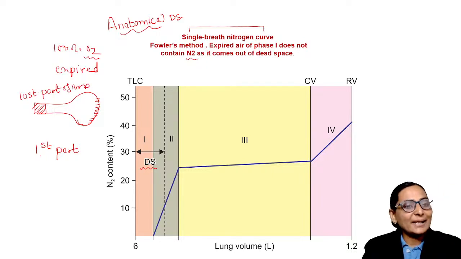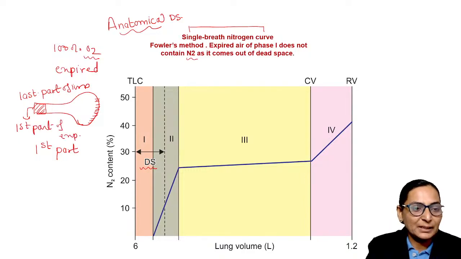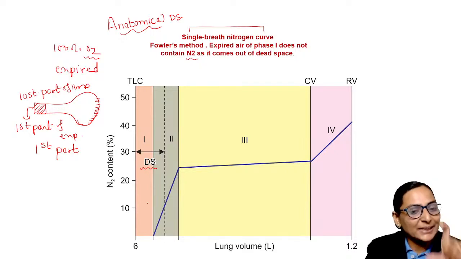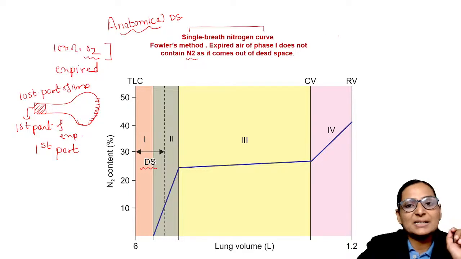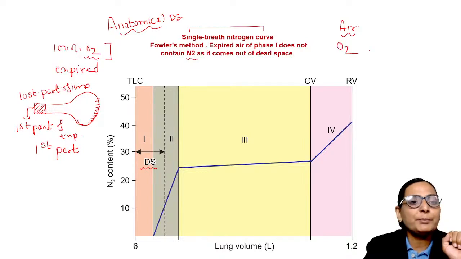But when you are expiring, when you are breathing air out, this last part of the inspired air will actually become the first part of expired air. And we know that this is anatomical dead space. This is the portion where only oxygen will be present, because remember, we are not giving air, which is a mixture of oxygen and nitrogen, but we are only giving pure oxygen.